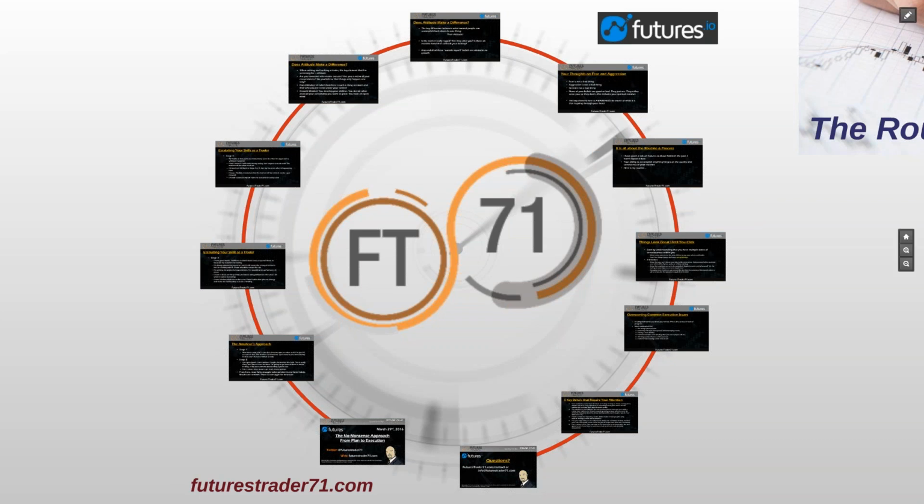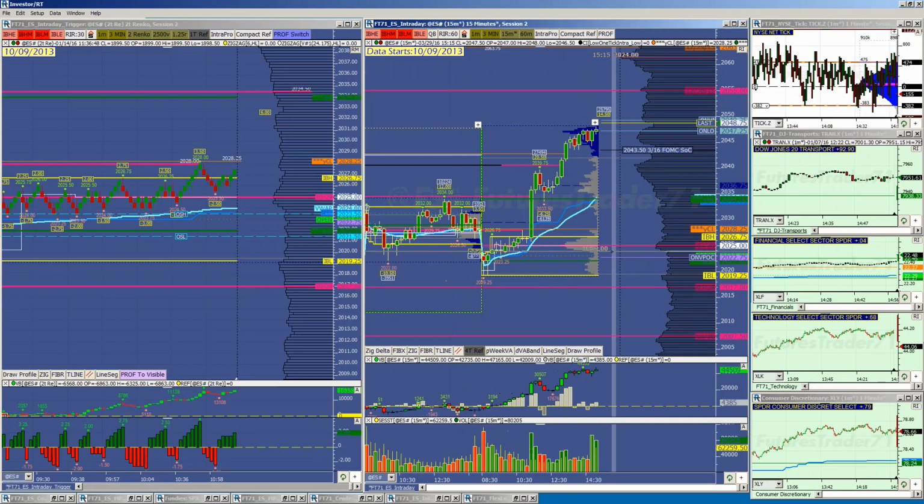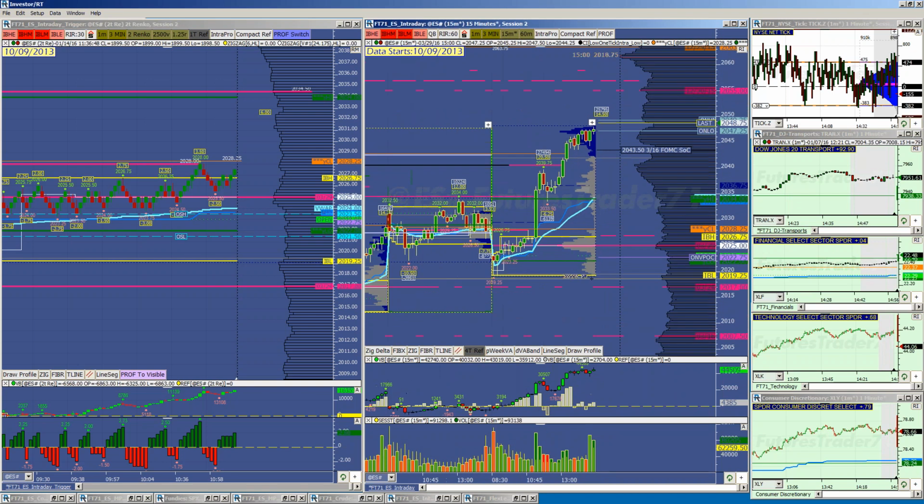I'll give you an edge. One that I actually showed the homework for on the forum in a prior webinar, the statistical edge of an overnight high, overnight low trade. If the market has, let me draw it in here.